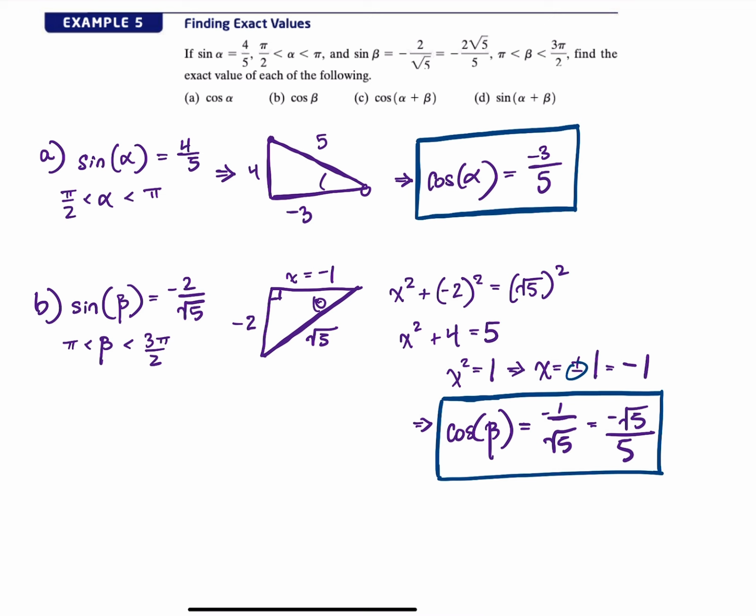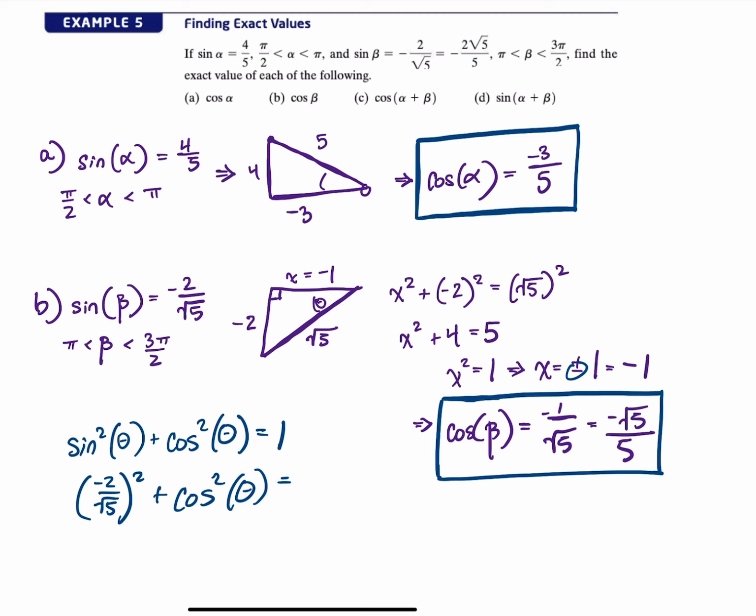I should mention we could also get these values of cosine for alpha and beta using the identity sine squared plus cosine squared equals 1. So in this case, since we know sine, we can say sine squared, so negative 2 over root 5 squared, plus cosine squared equals 1. And then solve for cosine.